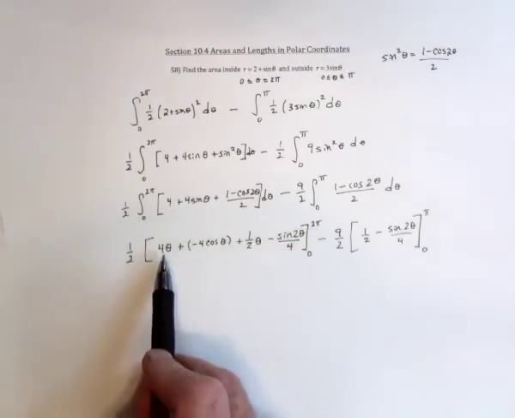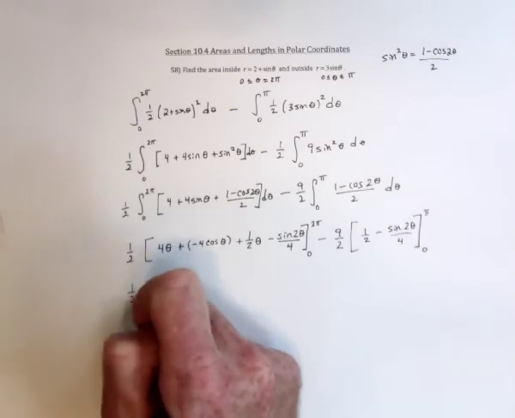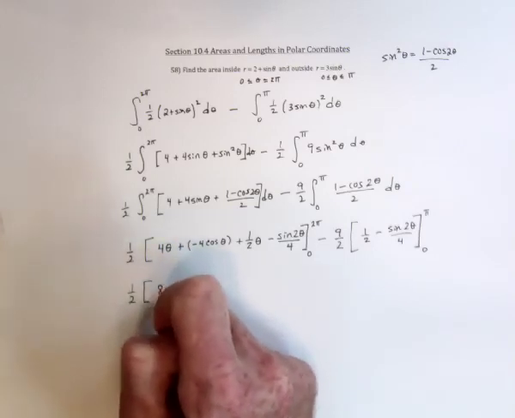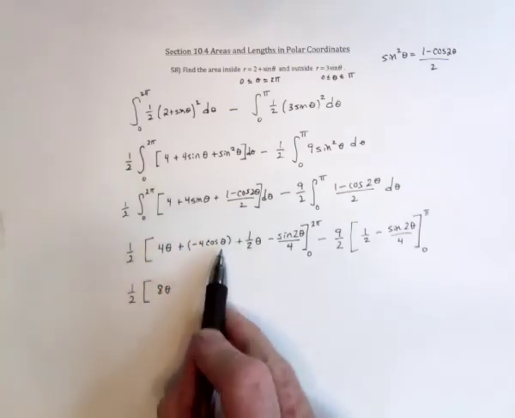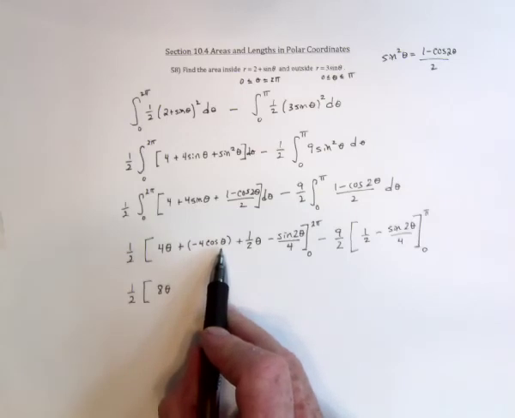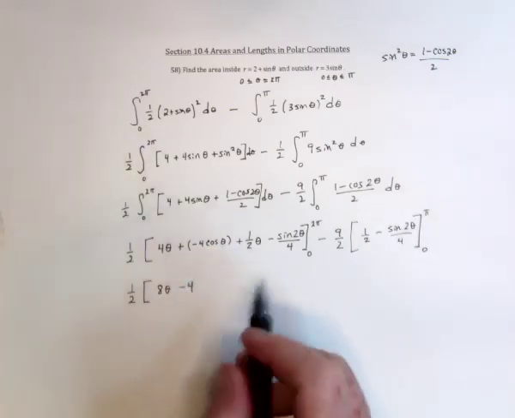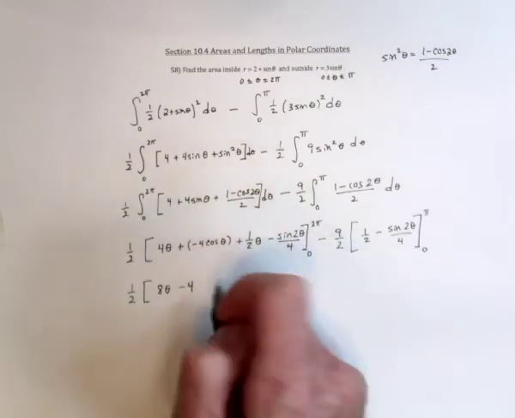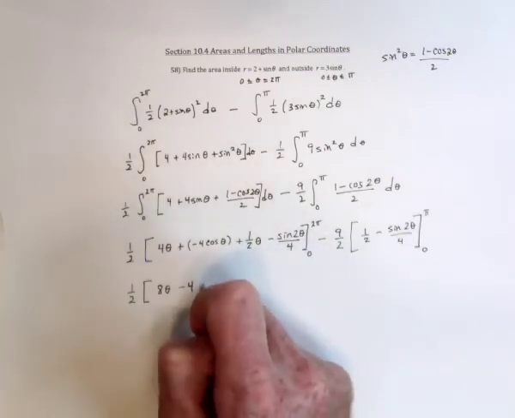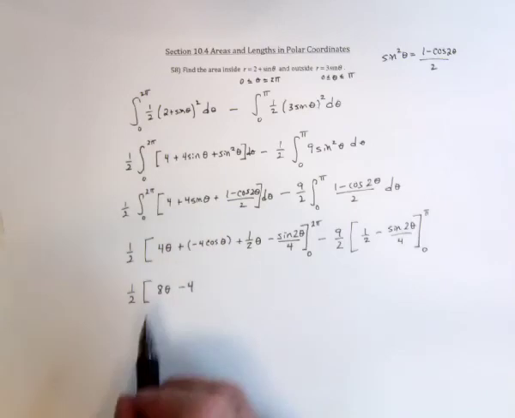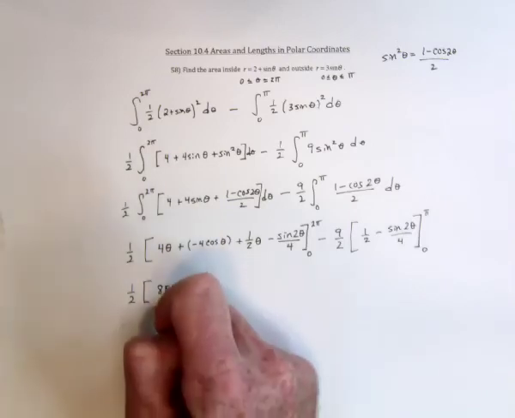This is going to be 8 pi. This is going to be cosine of 2 pi. Cosine at the end of one cycle is 1, so this is a 1 times the negative 4. Then 1/2 of the 2 pi, excuse me, pi. This is supposed to be pi, not theta.